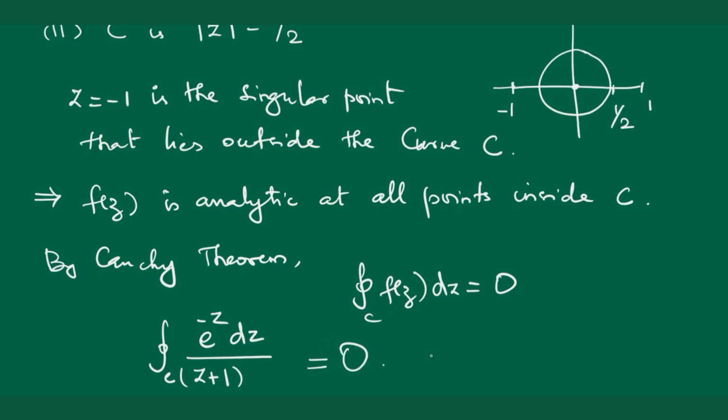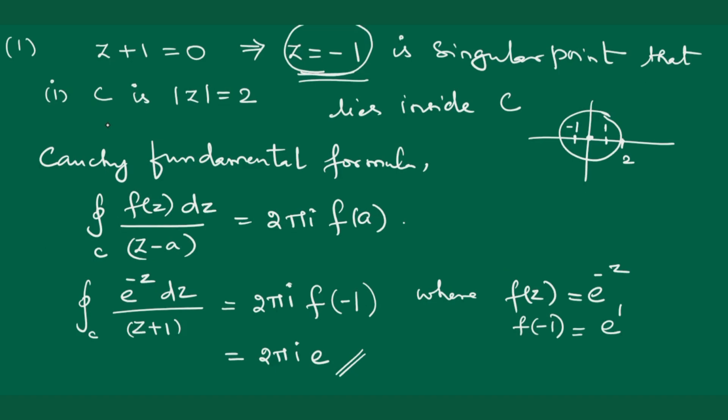Please notice this: whenever the singular point lies outside, we have to use Cauchy theorem, and the answer you can directly put as 0. If you notice modulus of z equal to 2, the singular point lies inside the curve C. Whenever it is inside the curve C, we have to apply Cauchy fundamental formula. According to Cauchy fundamental formula, like this we have to find the answer.